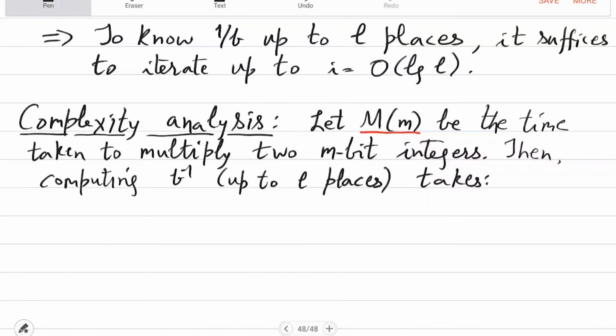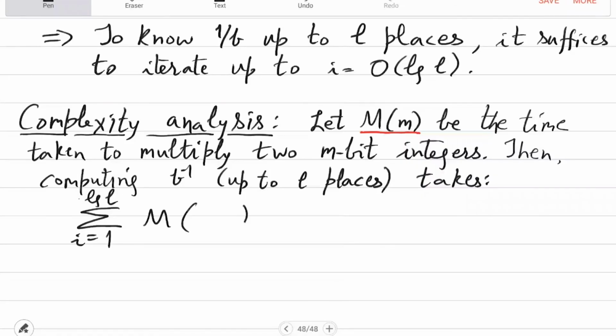So it's a sum from i equals 1 to log L, each iteration i. In each iteration, how much integer multiplication is happening? M of... So how many decimal places of xi will you care about? You will only care about those places which you know are correct.